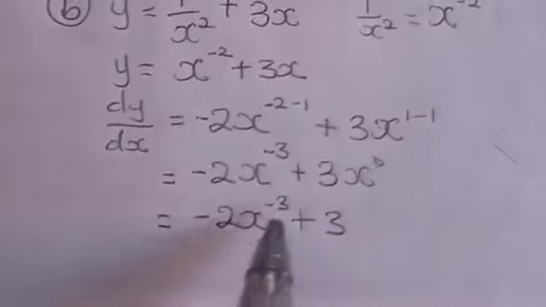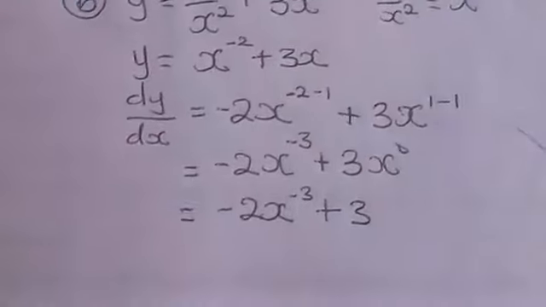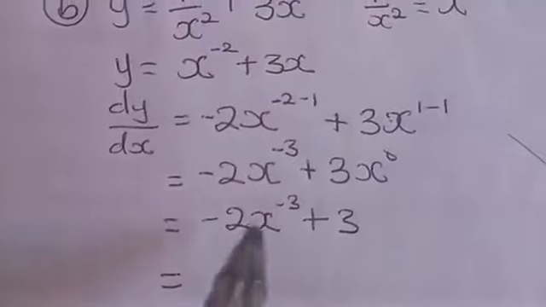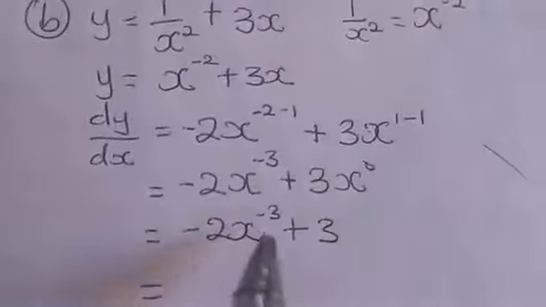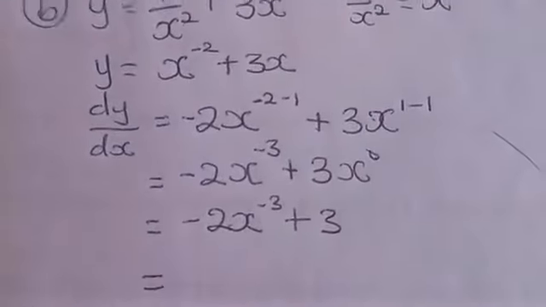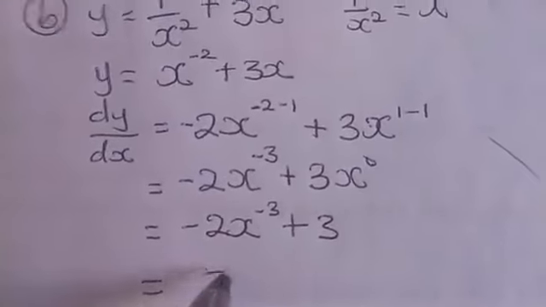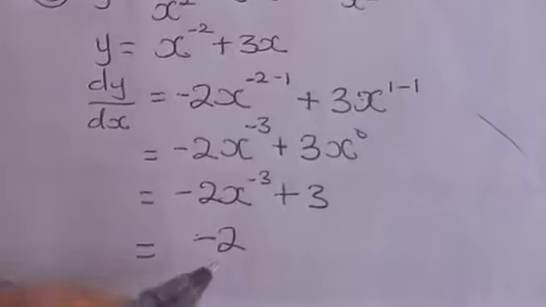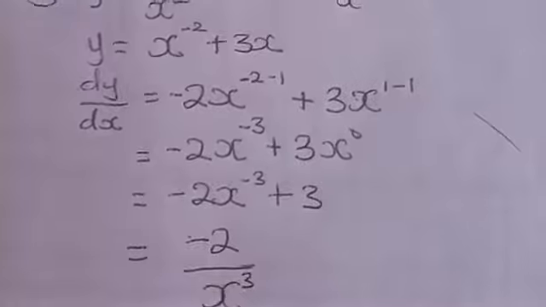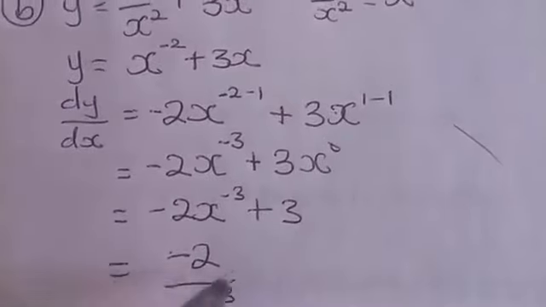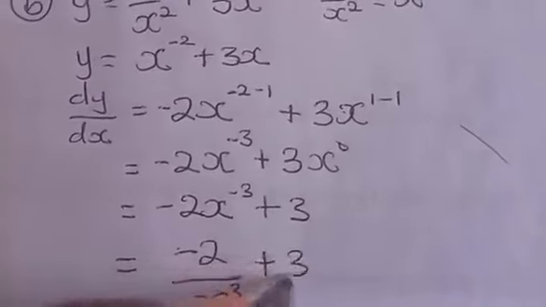We can rewrite this in another form by changing this negative index back to fractional index, such that we have minus 2 over x raised to the power of 3, right? Then we have plus 3.